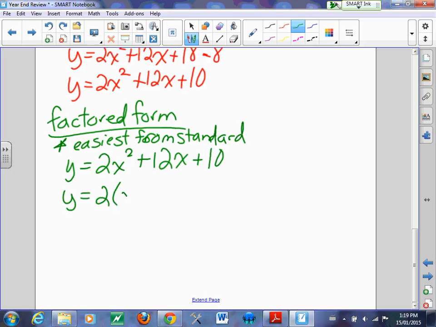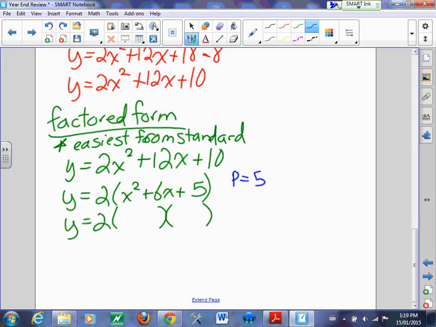So 2 bracket x squared plus 6x plus 5. Then I've got a trinomial inside the bracket, so I need to figure out what I'm going to put in there. It is simple because a equals 1. So product equals 5, sum equals 6. What 2 numbers?